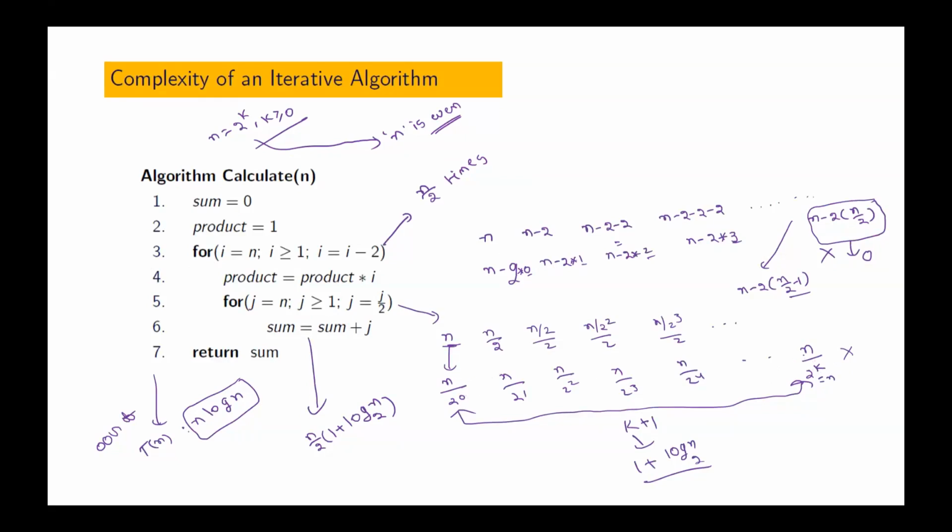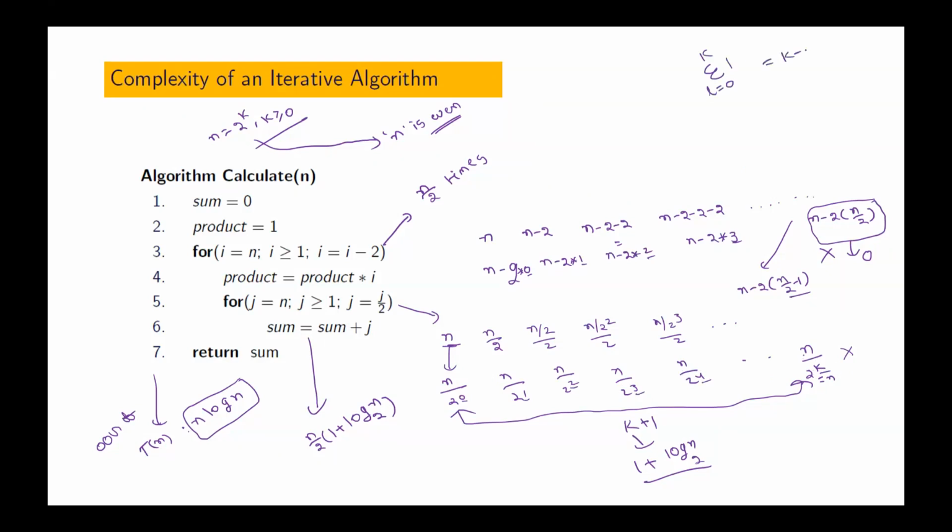This is 1 term, 2, 3, 4, 5. The number of terms we can easily count: 0, 1, 2, 3, 4 up to k. If you want, I can say L equal to 0 to k, one time.